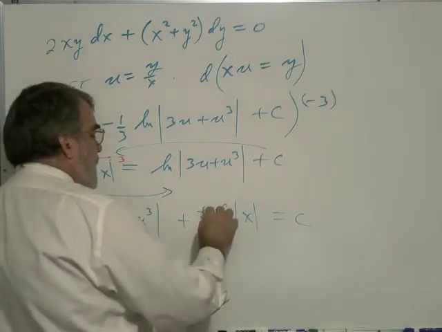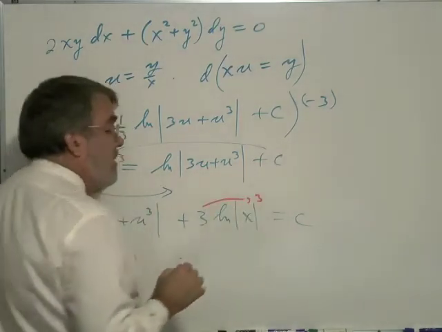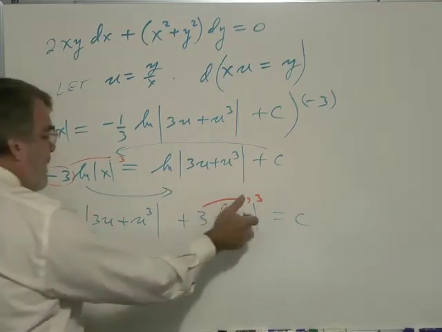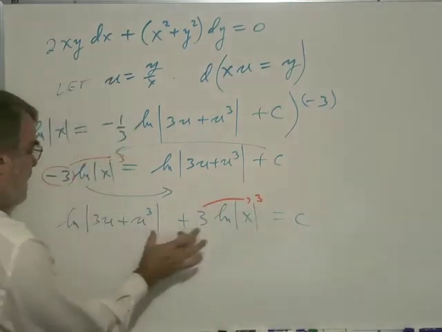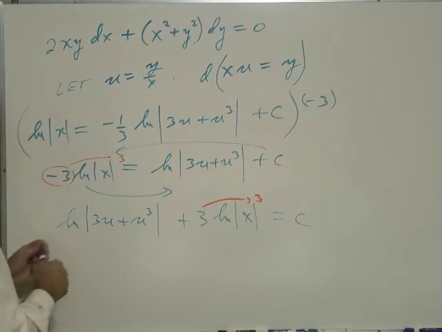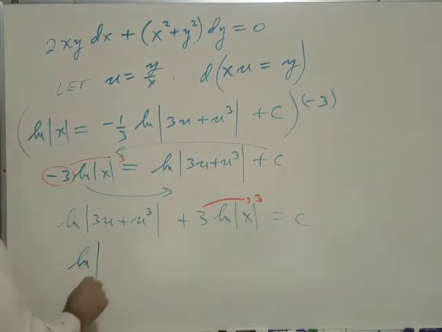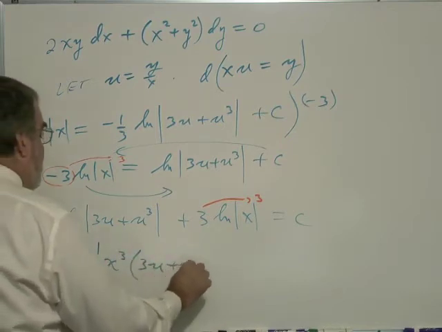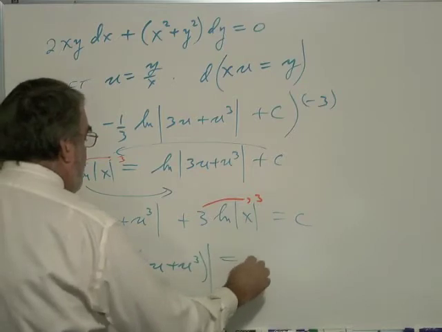Alright, so here's my point. This 3 can be transferred up to here to become x cubed, one of our logarithm rules. And because I'm adding logarithms, I can multiply them together. So I have one big happy logarithm: natural log, absolute value, x to the third, parentheses, 3u plus u cubed equals a constant.